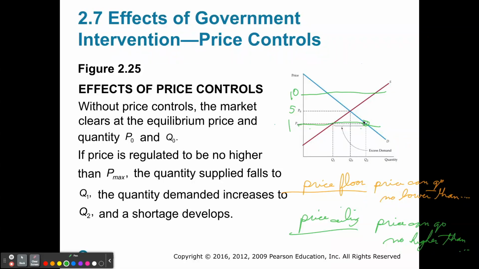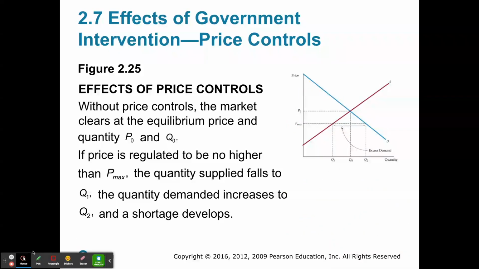People would buy a lot of gasoline at $1 a gallon, but sellers wouldn't want to sell it, thus causing a shortage. So price floors cause surpluses, price ceilings cause shortages. Thus, in general, price controls are generally a bad thing, causing the market to become distorted.